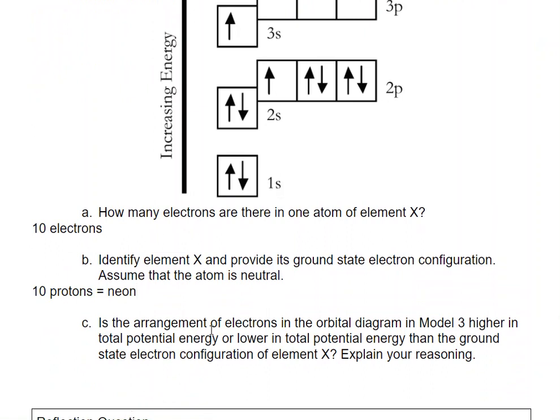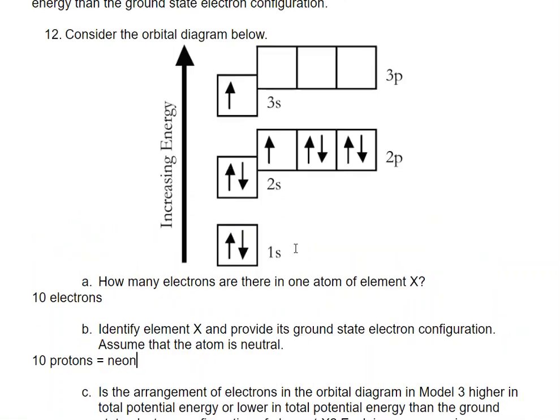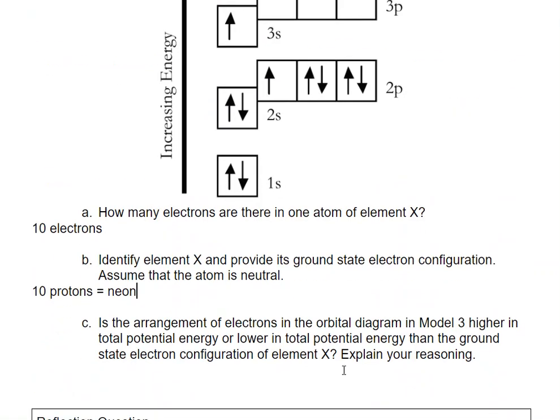So is the arrangement of electrons in this diagram higher than the total potential energy in the ground state electron configuration? So we see here that this is an excited state configuration.